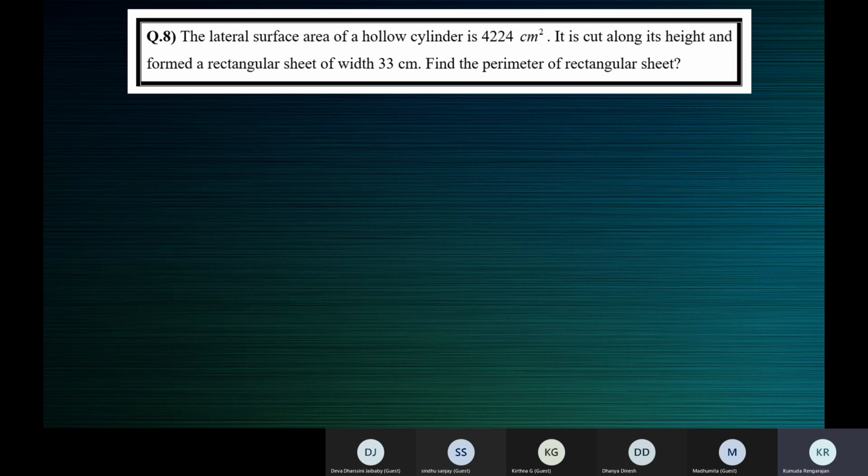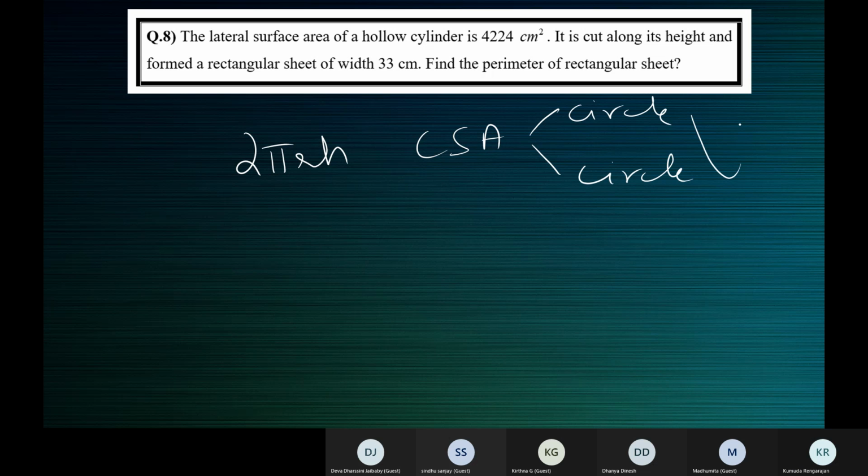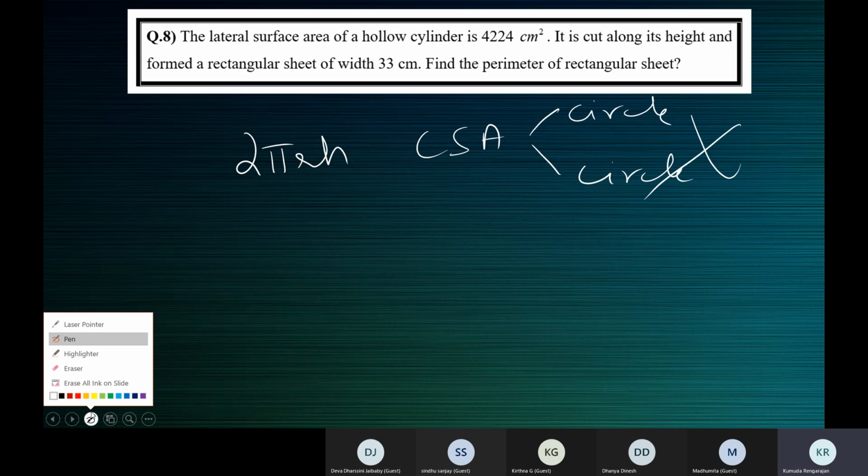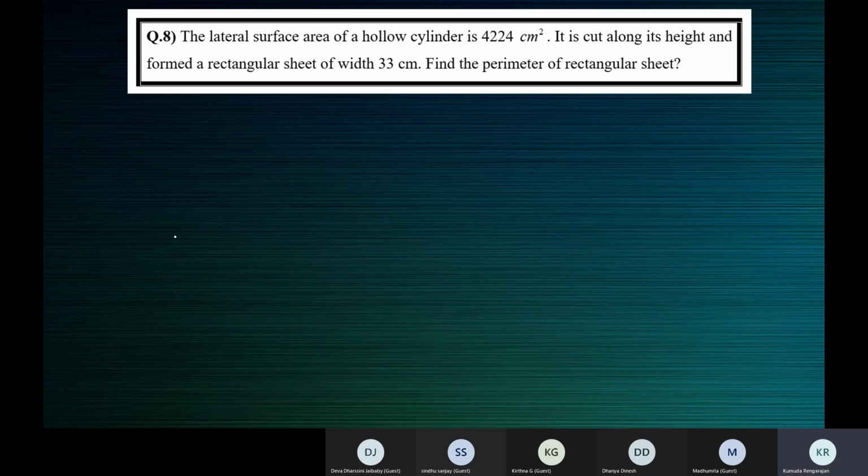Supposing you have to paint a hollow cylinder, you will have to paint only 2 pi RH because it's only CSA. The two circles are missing. A hollow cylinder has no material on the top and bottom.